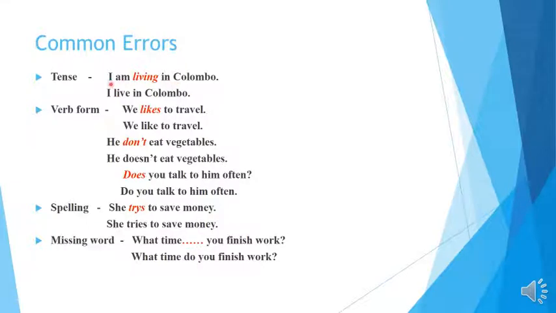If you are saying I am living in Colombo, it's like temporarily you are living there. But if it is your usual place of living, where you normally live, then you use simple present.